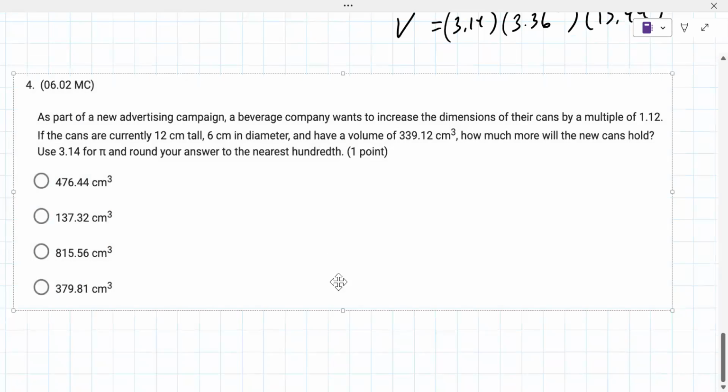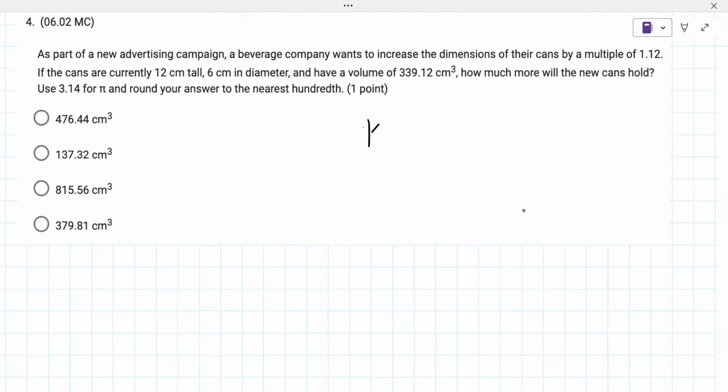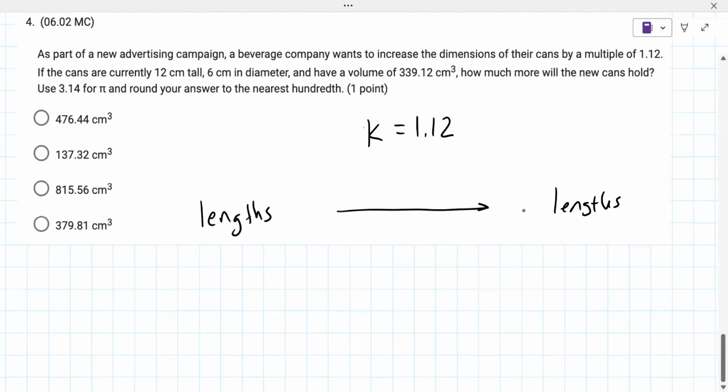So here we go. There's the scale factor K of 1.12. So when you're going from lengths, and you could think of this as sides or the perimeter, but anything that's a length, you use the scale factor, okay?